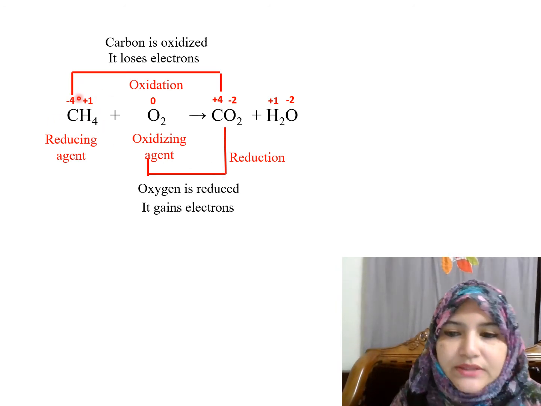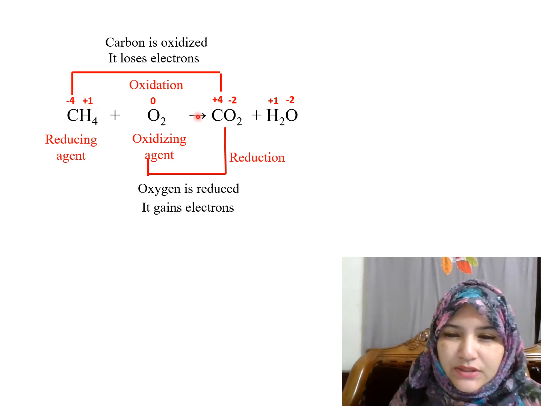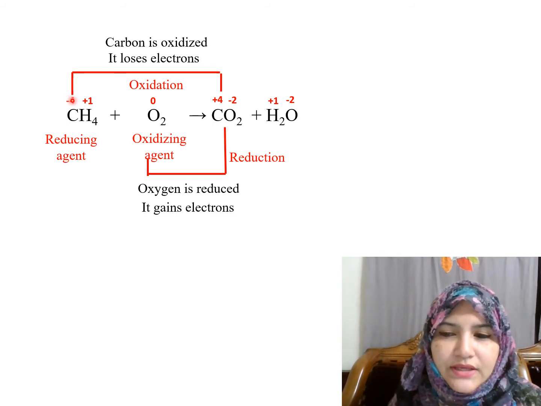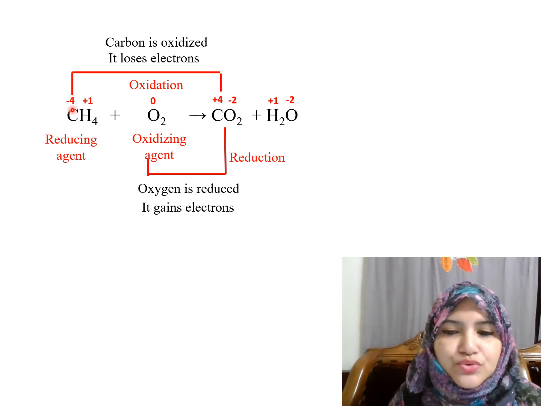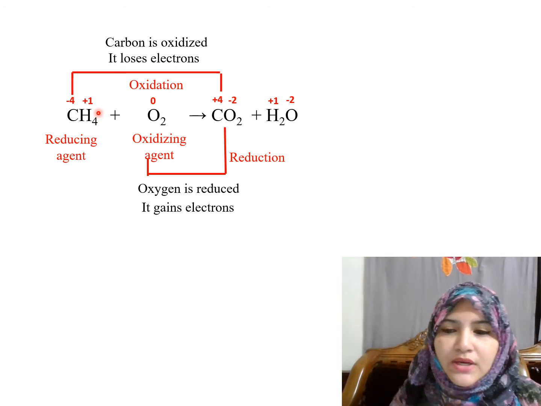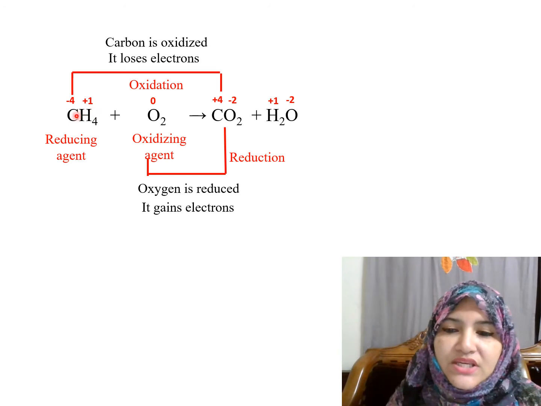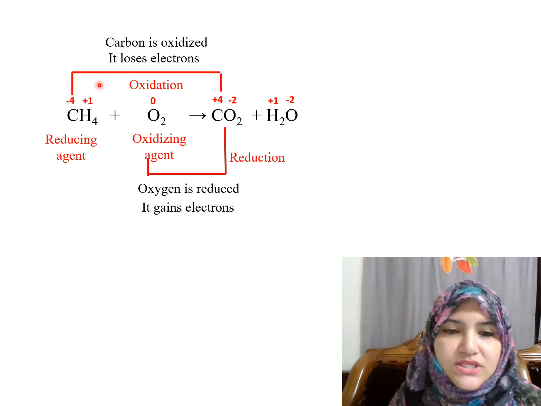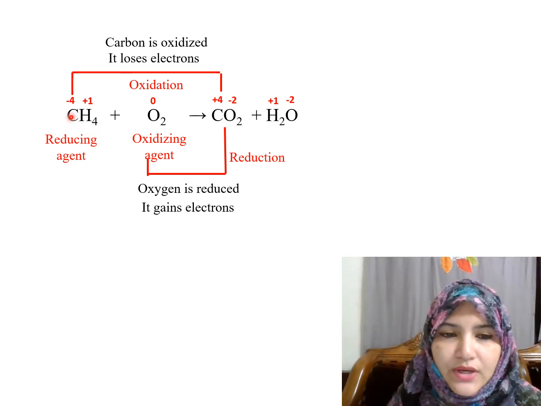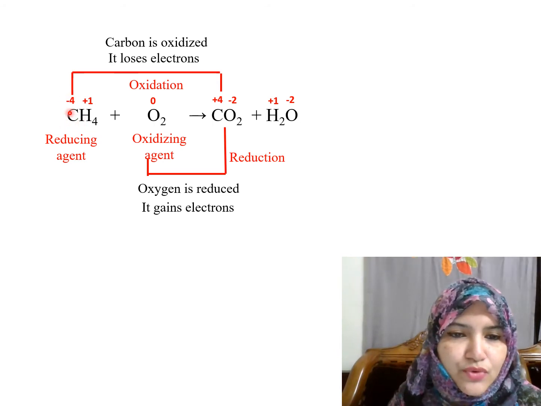In methane, we have one carbon and 4 hydrogen atoms, which have to add to make 0, because methane is a neutral compound, neutral in charge. Each hydrogen atom has an oxidation state of +1, so carbon has to have an oxidation state of -4 in methane.